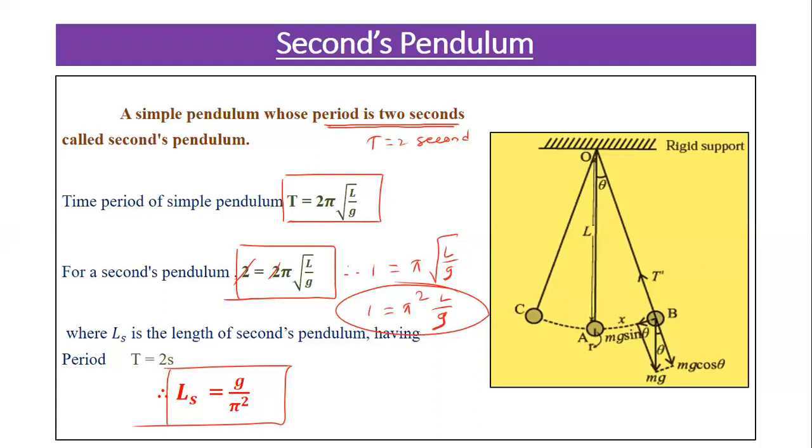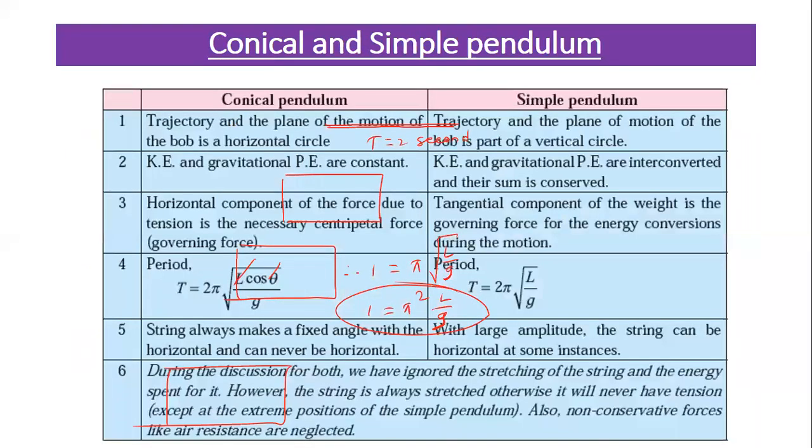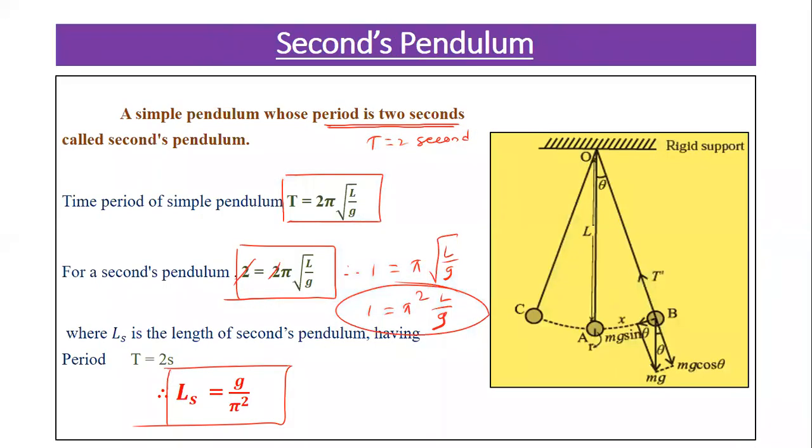Now you know the value of g; everybody knows the value of g. The value of g is 9.8 approximately, and then pi is 3.14 squared.